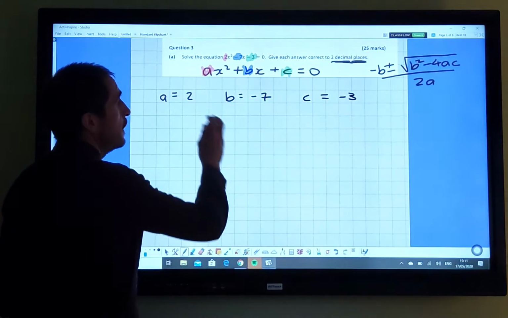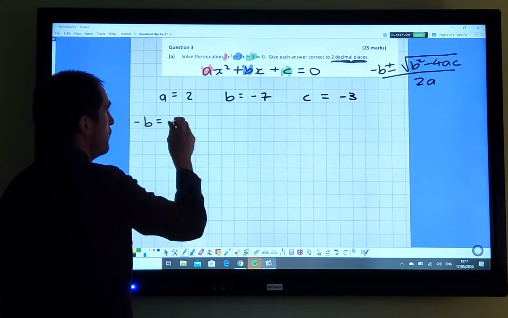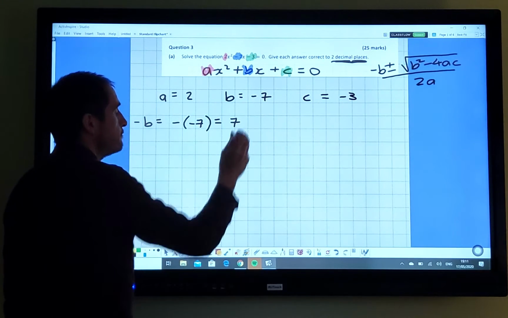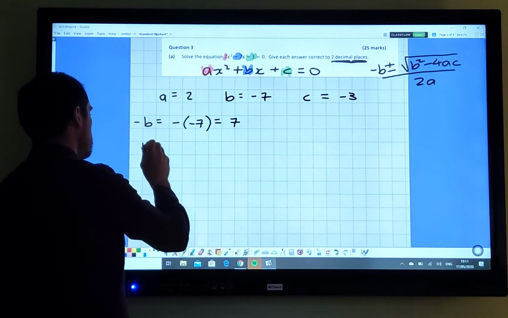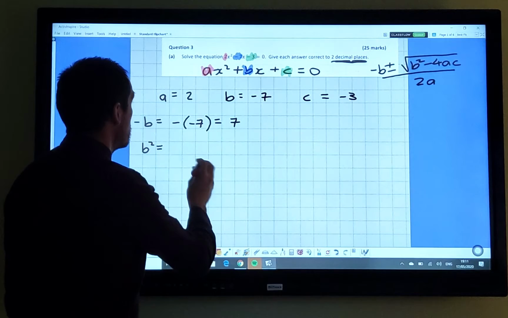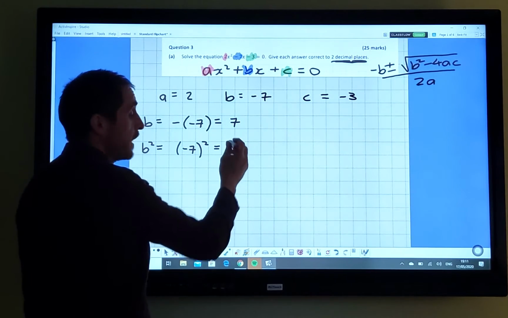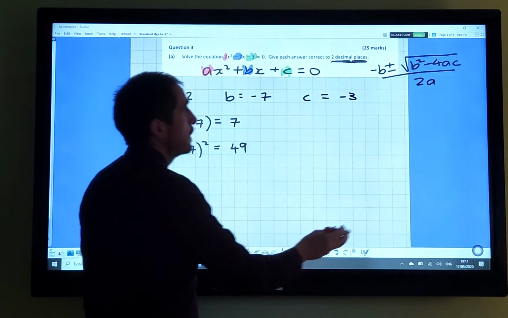So for example, minus b. So minus b is equal to minus 7, which is equal to 7. Okay? Now, b squared. b squared is equal to minus 7 squared, and this is just calculation, so you put this into your calculator, and that's equal to 49.